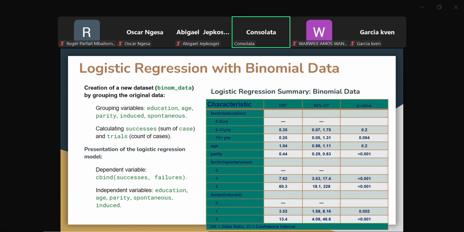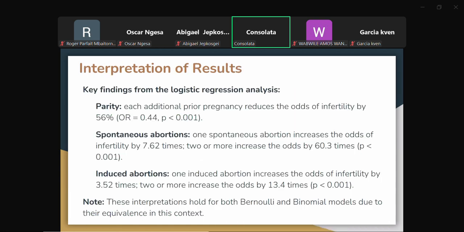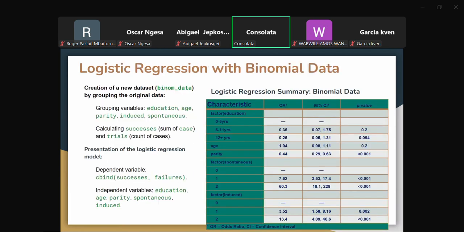So meaning that one spontaneous abortion increases the odds of infertility by 7.62 times, and then 2 or more increases the odds by 60.3. You can see when the factor is 1, it's 7.62, and then when it's 2, 60.3.